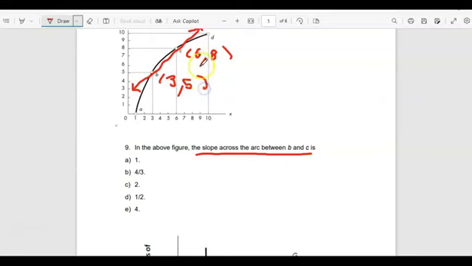So the difference in y, 8 minus 5, over the difference in x, 6 minus 3. Now, if you're going to work it out, 8 minus 5 is 3, 6 minus 3 is 3. 3 over 3 is equal to 1. Okay? 1. So the answer is A.